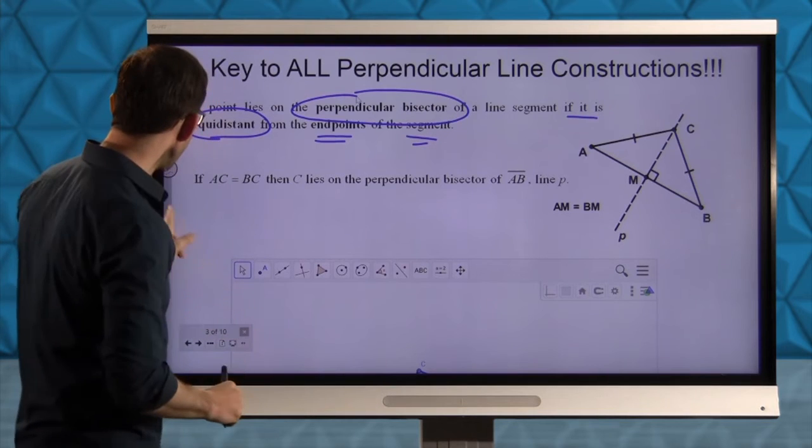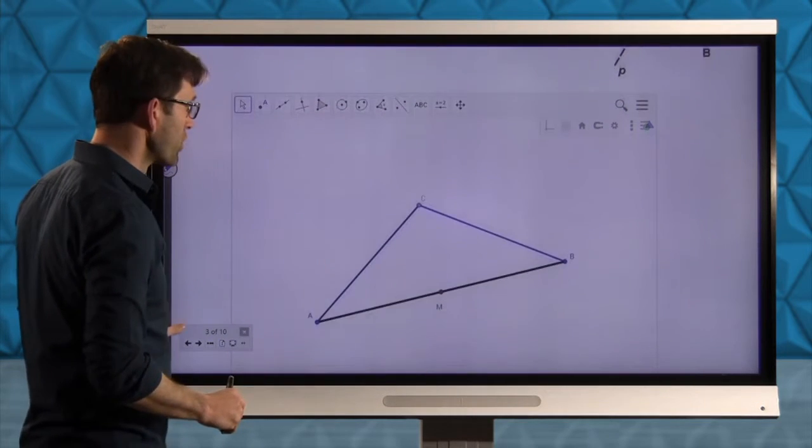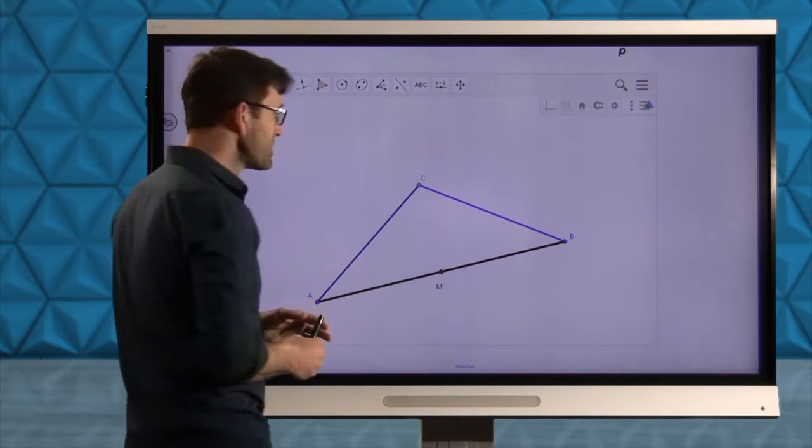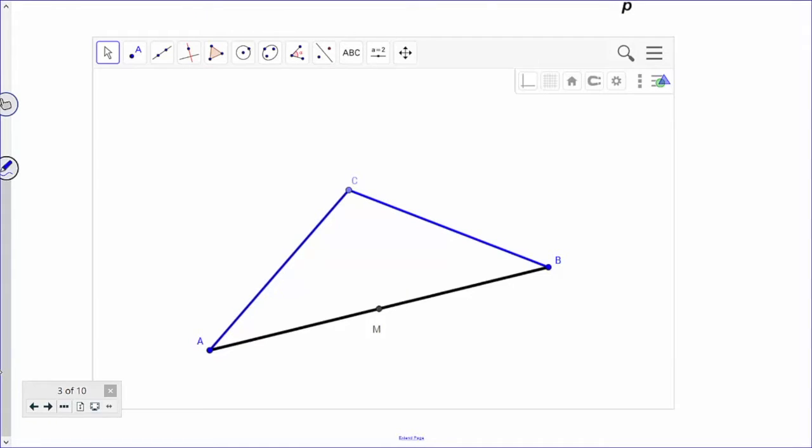So important that I want to illustrate it a little bit using a GeoGebra widget. Let's take a look at this. In this picture, what I've got is basically an isosceles triangle.